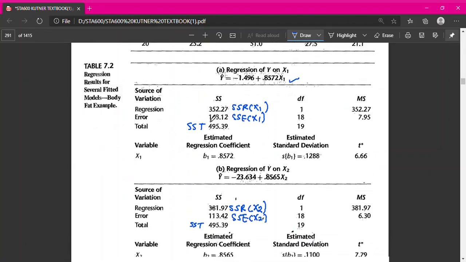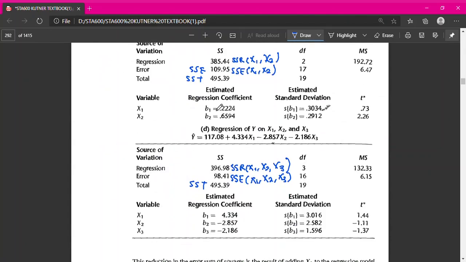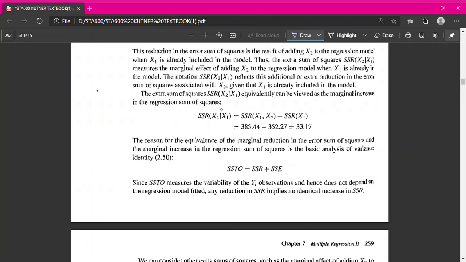Okay, the other formula is, ada dua formula, sama ada you gunakan SSE tadi kan, ataupun you boleh juga gunakan SSR. Okay, gunakan formula SSR, which is SSR X1 X2 minus SSR X1. Okay, dia terbalik saja. Tadi, kalau guna SSE, SSE X1 minus SSE X1 X2.